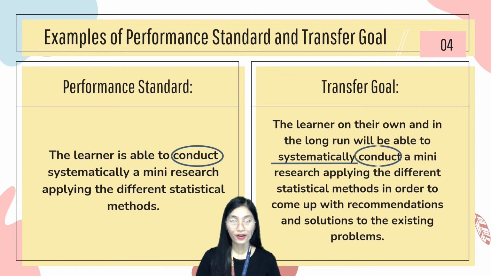So the verb here is conduct, and it is taken from the performance standards. And the realistic performance task is to come up with the recommendations and solutions to the existing problems.